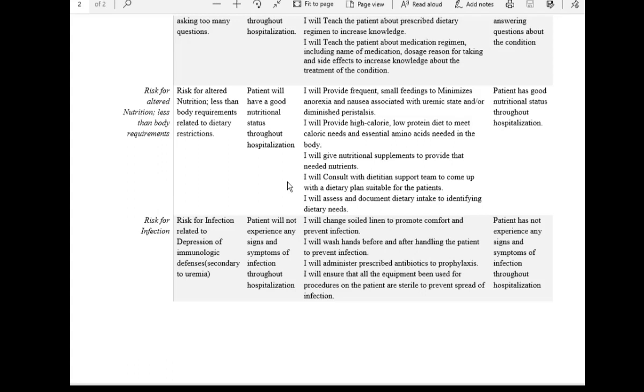The fourth point, I will consult with the dietitian support team to come up with a dietary plan suitable for the patient.